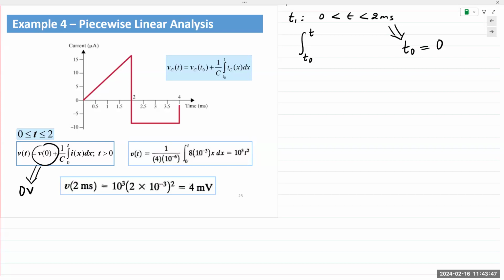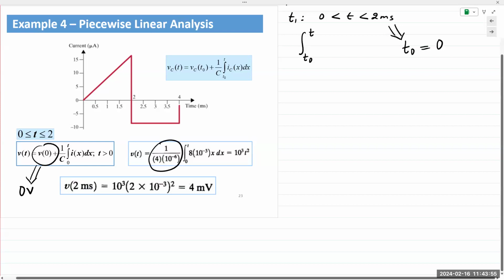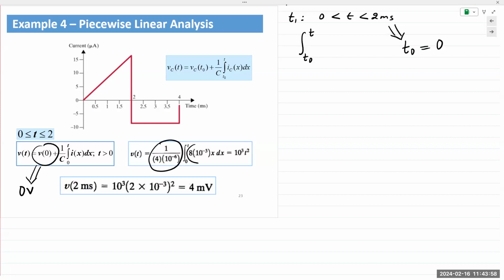So the only thing we do is plug in the values for the capacitor and for our current, and perform the integration. So 1 over C is 1 over 4 microfarads, and then our integral, 8 into 10 raised to minus 3.